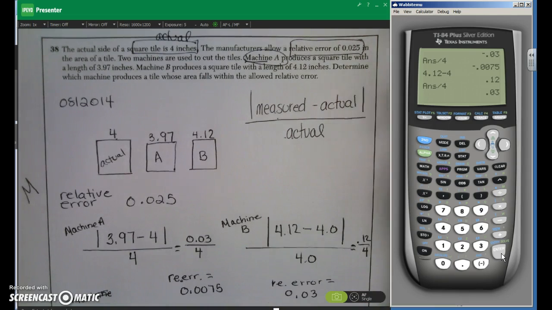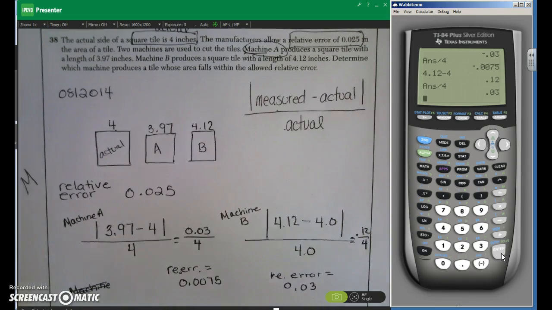Now, because it says it allows the 0.025, I need to think, okay, which one of these is the one that is going to be the best? Well, it's whichever number is smaller.